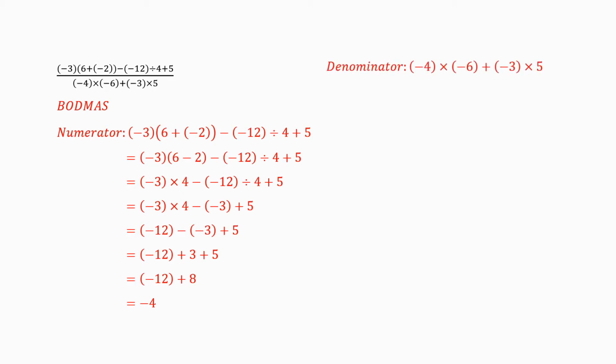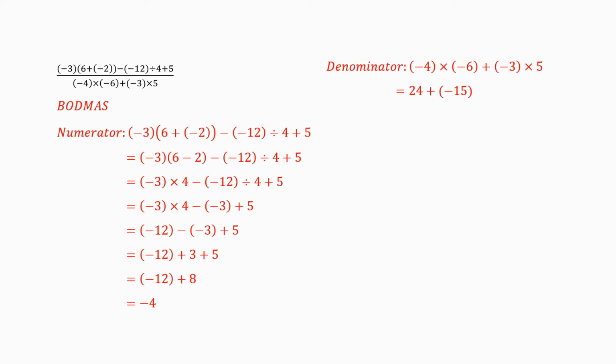We have -4 times -6 plus -3 times 5. The first operation is multiplication. So -4 times -6 becomes +24, and -3 times 5 becomes -15. So we have 24 plus -15.